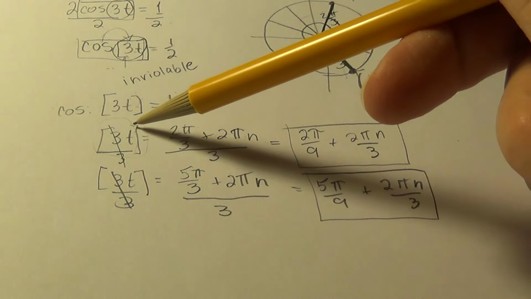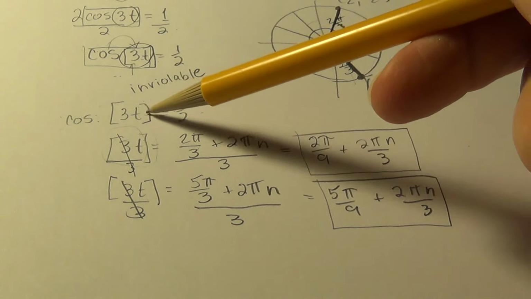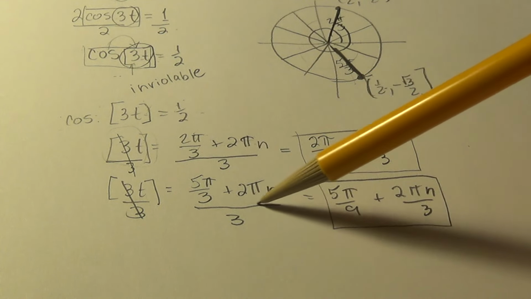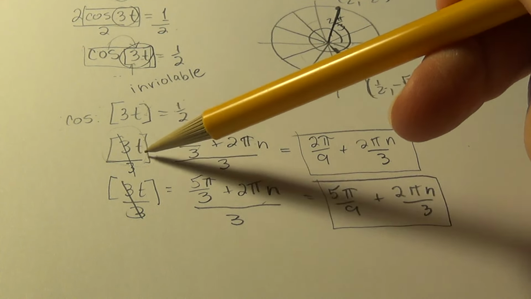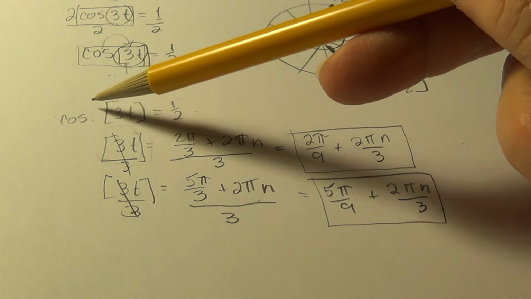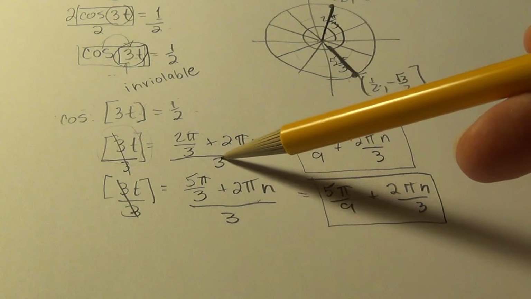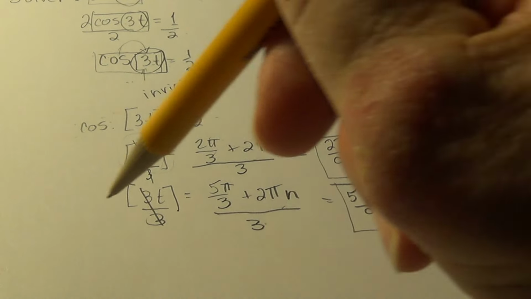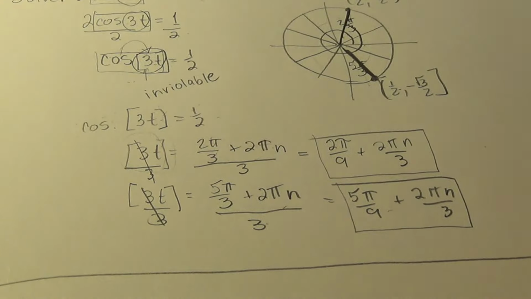So now that I have found where the cosine of 3t equals 1/2, at this place and this place, I can then divide by 3. It's no longer part of the trigonometric argument. So there we go. And I want no arguments about it.